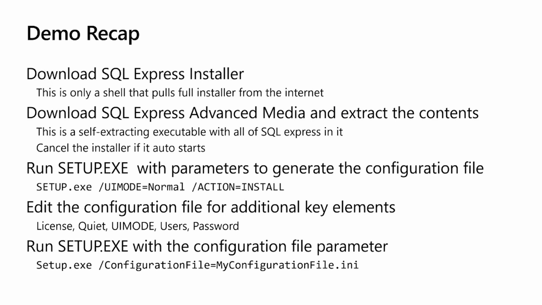Then you have to edit that configuration file and set a few things. The UI mode and the license terms are not set likely the way you want them. And then when we're ready to actually install on a device, run the setup.exe with the configuration file parameter.